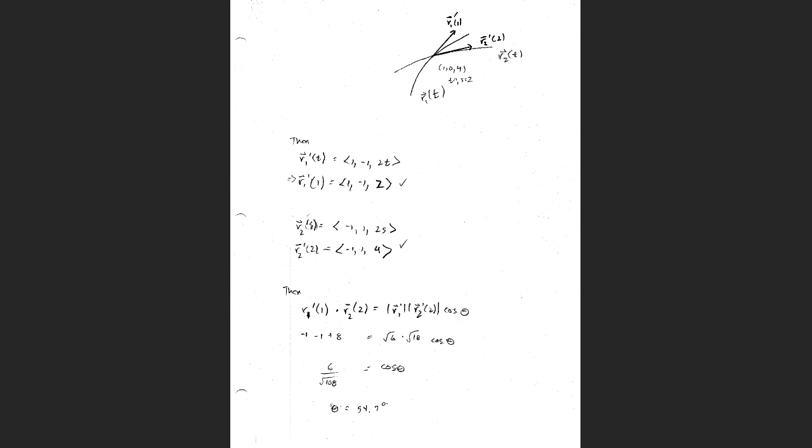You have one space curve, R1, and another space curve, R2. Let's just say they're going that way. And here's the point of intersection, 1, 0, 4, right there. And we're looking for the acute angle between the two space curves. This is the angle we want right here. That's going to be your theta.